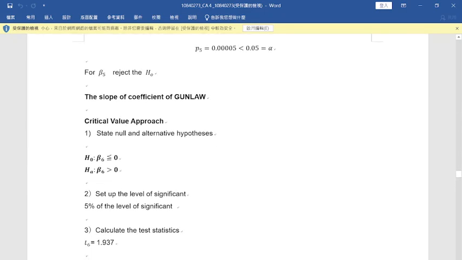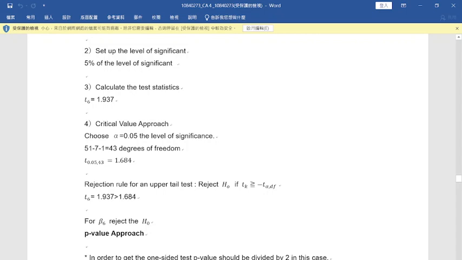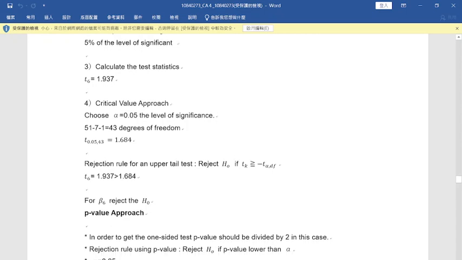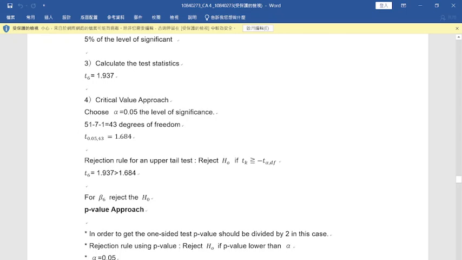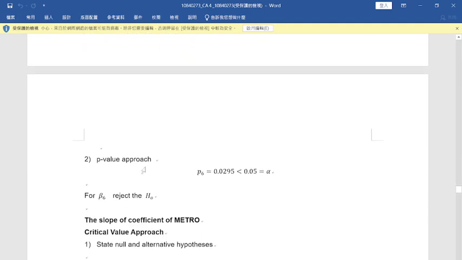And then this is for the count low. Here we rejected the hypothesis, and for the p-bar approach, we also reject the hypothesis.